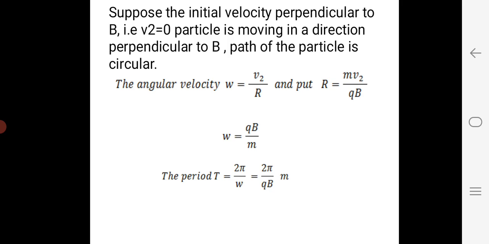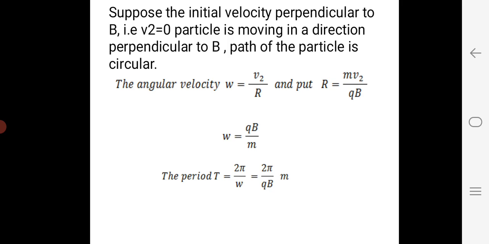Suppose the initial velocity is perpendicular to B, that is V1 equal to 0, the particle is moving in a direction perpendicular to B. The path of the particle is circular, so the angular velocity omega is equal to V2 by r. Let us put r equal to mV2 by qB. Therefore, the angular velocity omega is equal to qB divided by m.